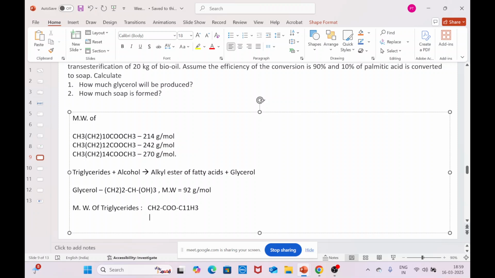It will be C11H23, which comes from the first one, lauric acid, and this one will be CHCOO C13H27.